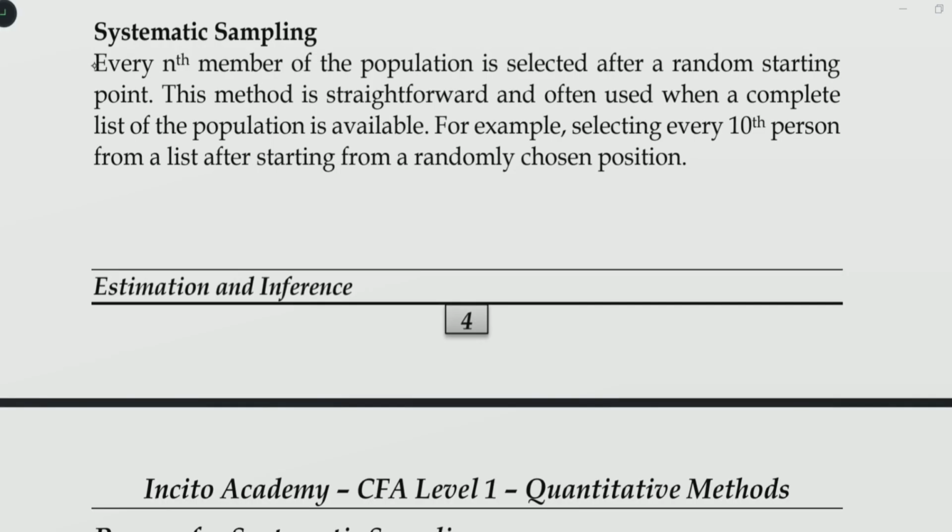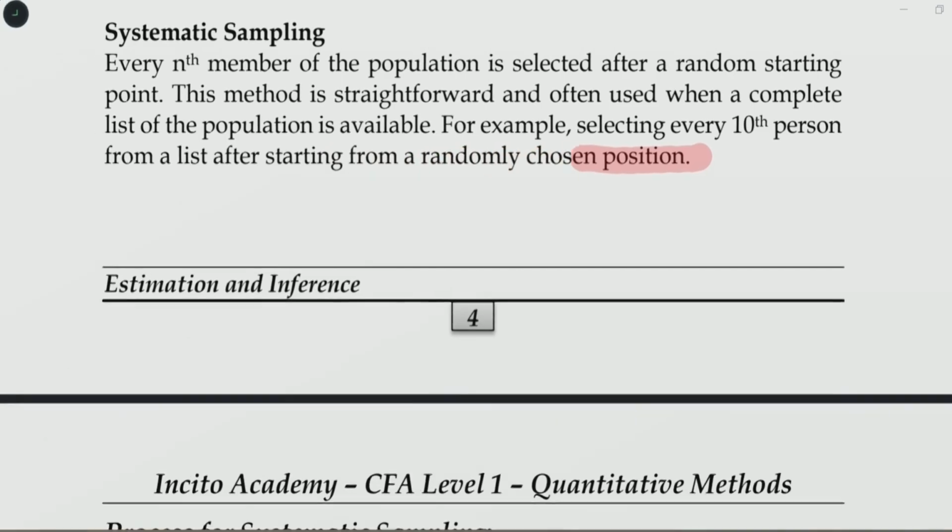In this technique, every nth member of the population is selected after a random starting point. This method is straightforward and often used when a complete list of the population is available. For example, selecting every 10th person from a list after starting from a randomly chosen position.